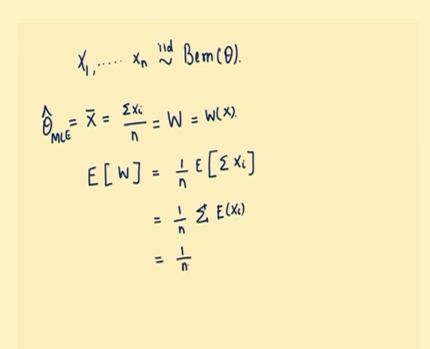So, 1 by n times theta. This is a Bernoulli form, therefore the mean of X is theta, and we have n terms, so n theta. So, what we observe is that the expected value of W is theta. We have an unbiased estimator.